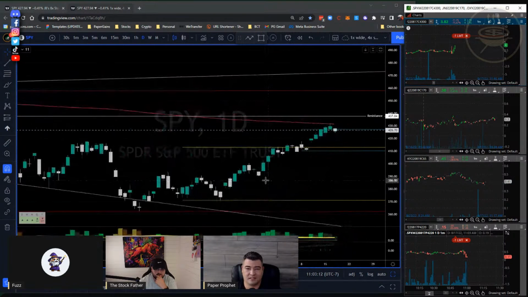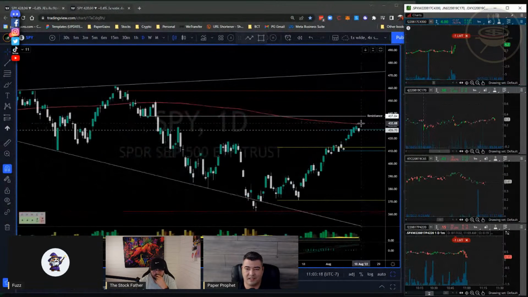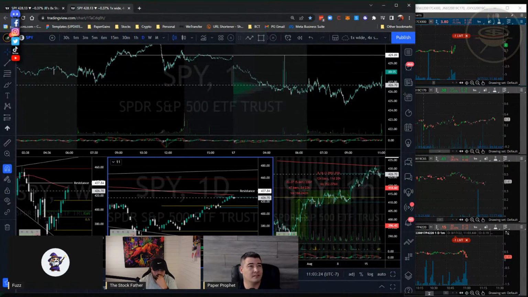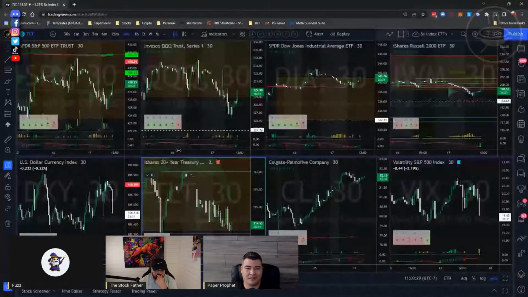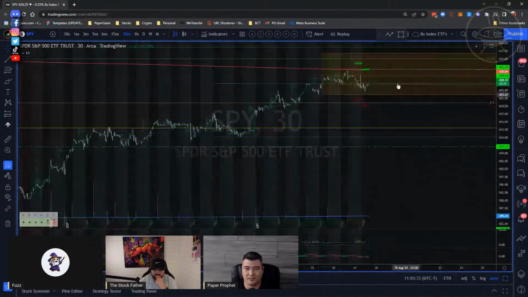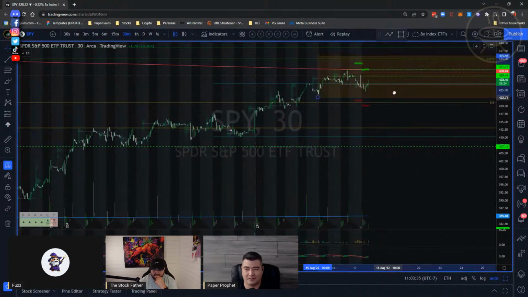This is a daily chart, and I want to target this 200-day moving average right now. It could go up that high. Let me pull up my other screens. Sorry, I've got seven screens right now. The orange boxes are average weekly ranges.